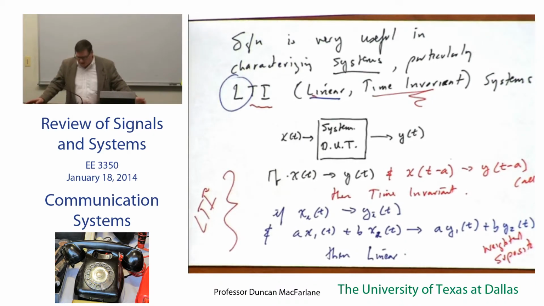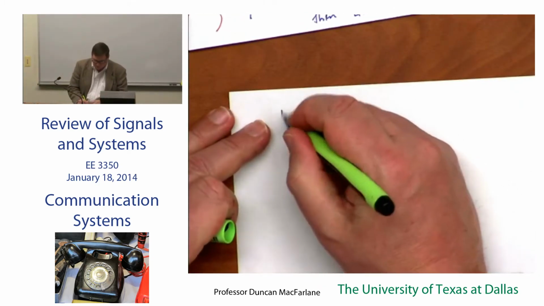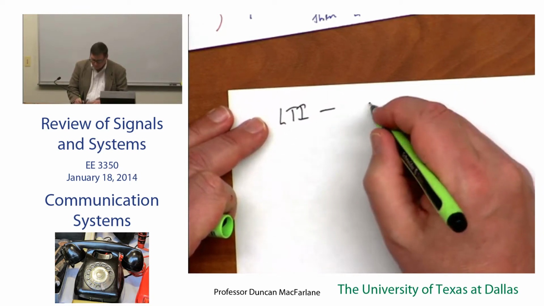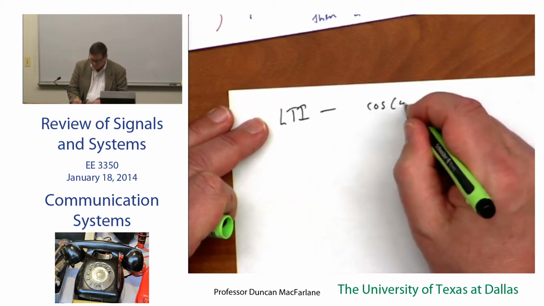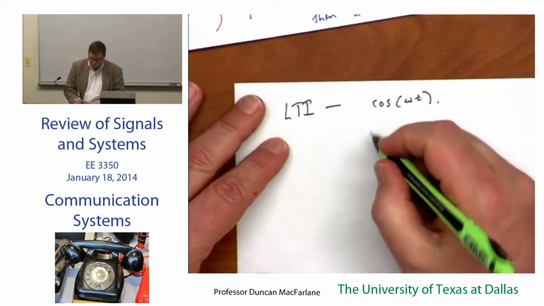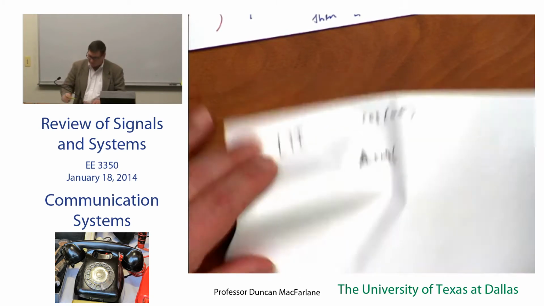Okay. The way I like to look at it is that a linear time invariant system can do only two things. If I apply a cosine omega t to a linear time invariant system, the only thing it can do, in fact, let me write this a different way.